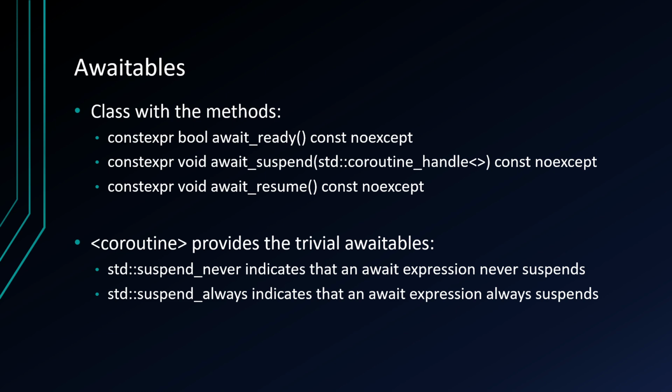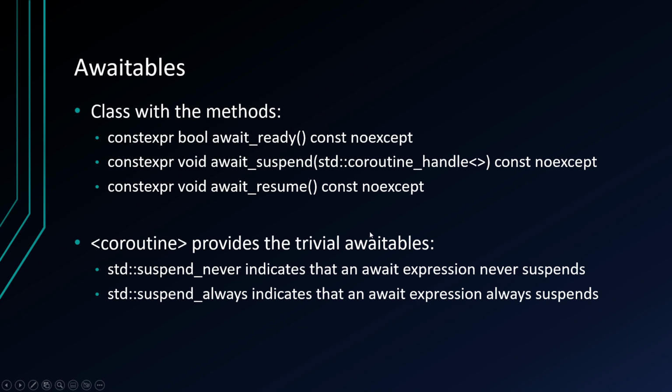Await suspend is what happens when another coroutine is being suspended, and the thing that's being suspended is the argument to await suspend. And then await resume is the code that is executed when the awaitable is resumed.